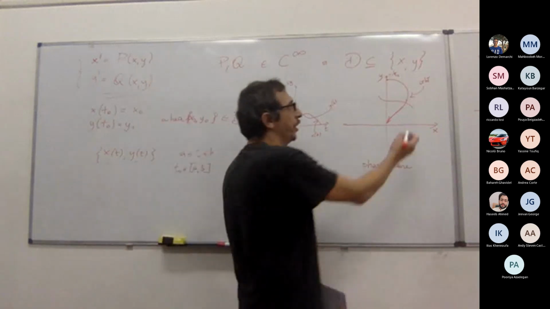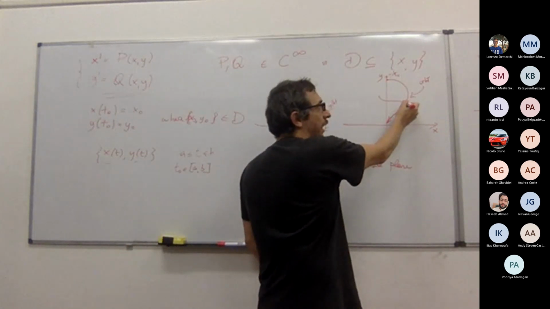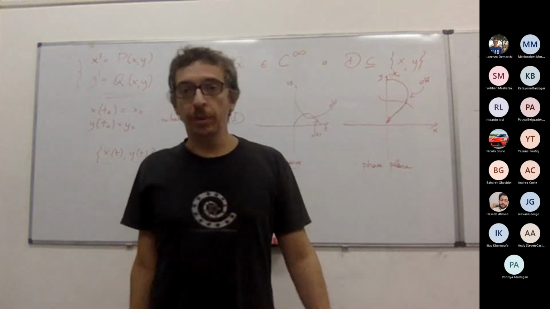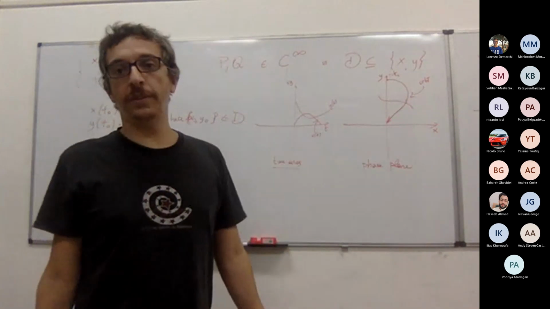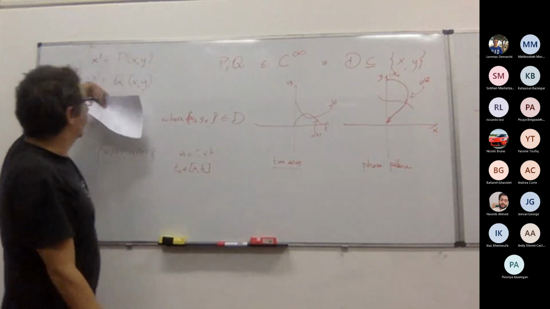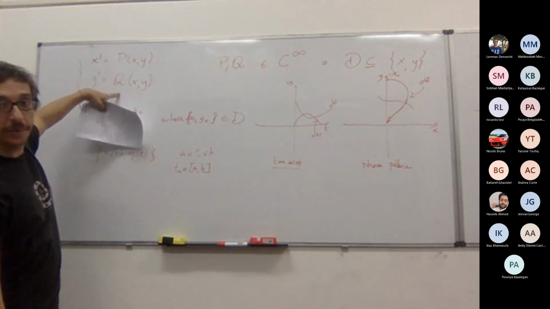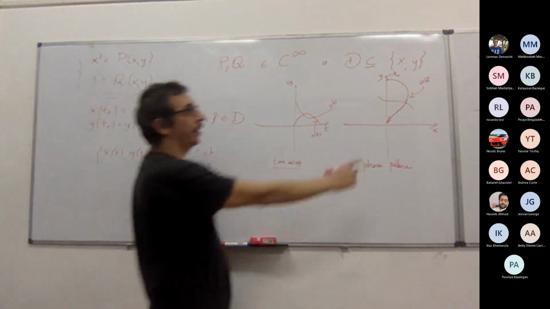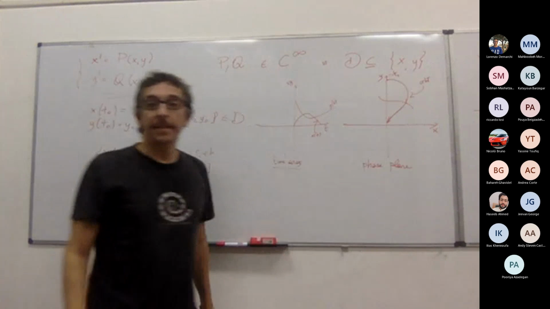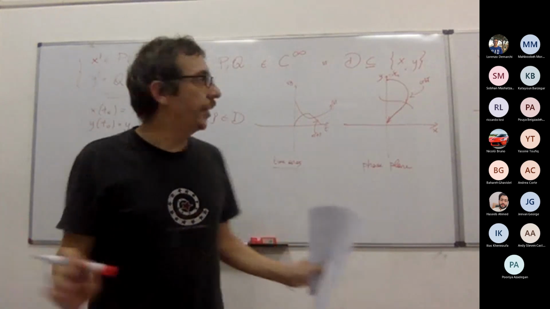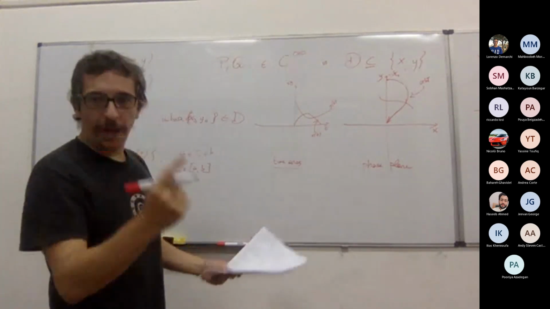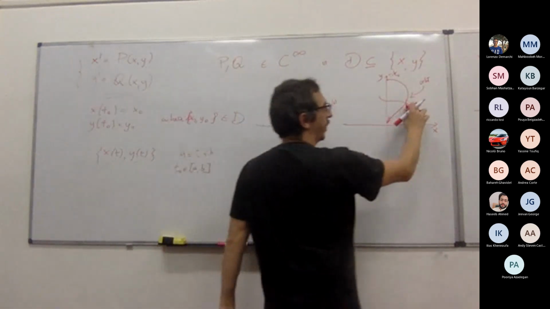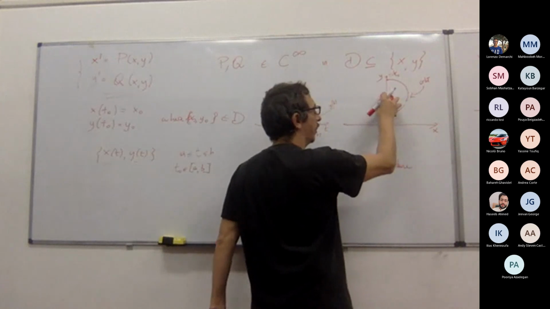This is not possible because it would intersect at this point, and this means that at this point I would be able to construct two solutions of this system of ODEs with initial data given by this point. Since there is just one and only one solution of this problem, orbits cannot intersect.